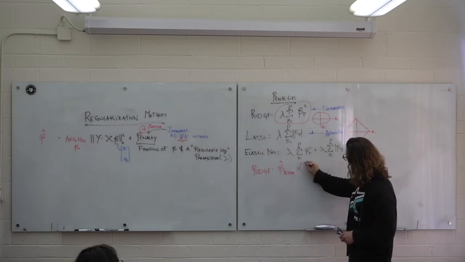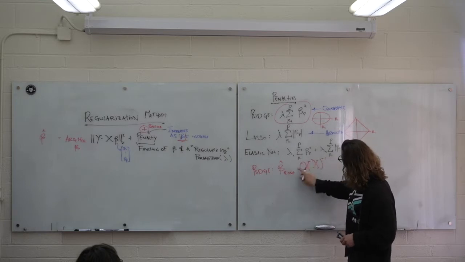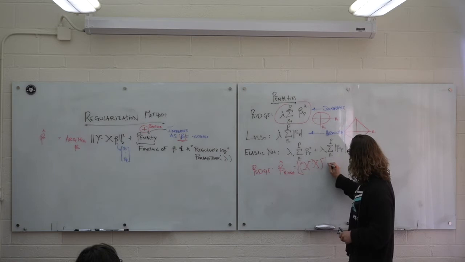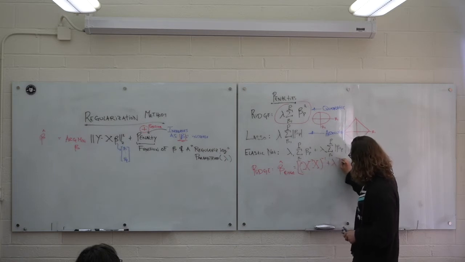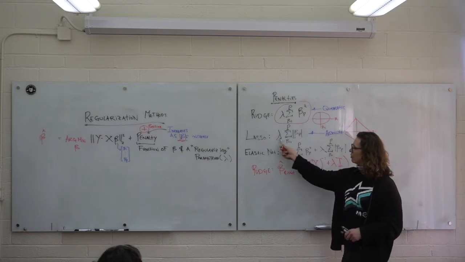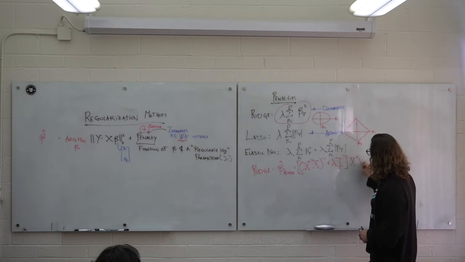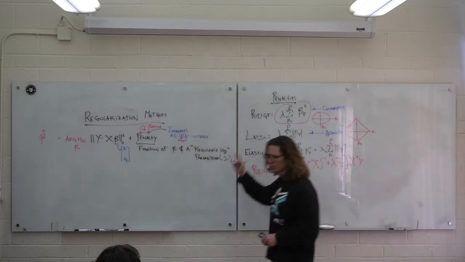It's x transpose x, and then I'm going to add to this lambda times the identity, and invert that, times x transpose y.